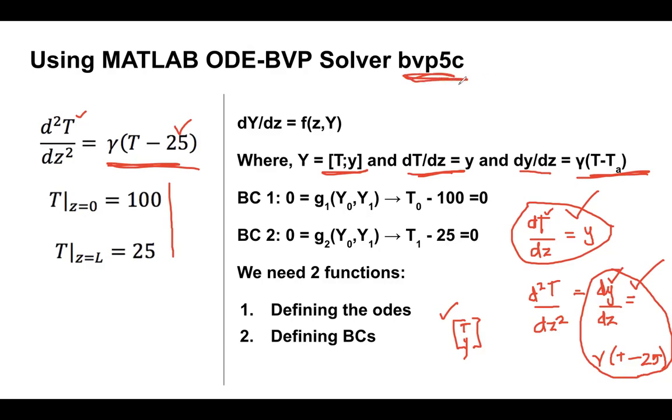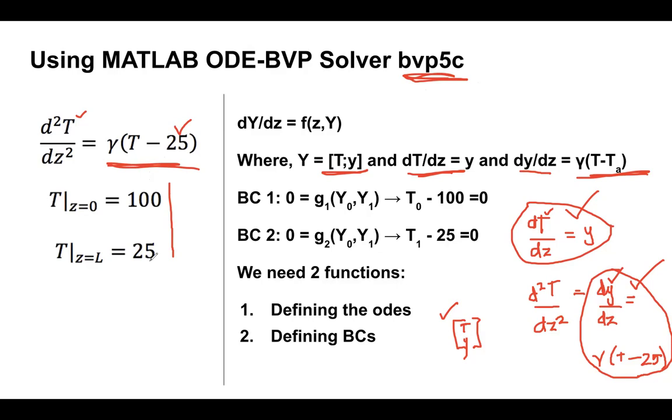In BVP5C and ODE45, the only similar thing is that if we have a second order ODE, in both cases you have to convert it into first order ODEs so that you can solve it. But ODE45 or ODE15s do initial value problems and this does boundary value problems. So the way you encode the boundary values is slightly different here, and we'll understand how to encode them.